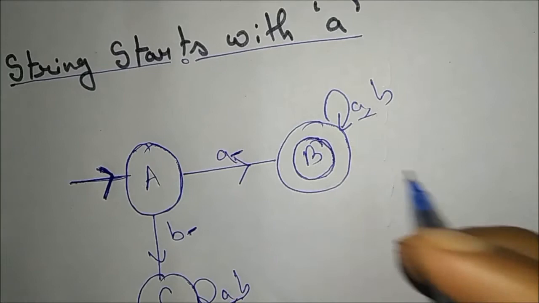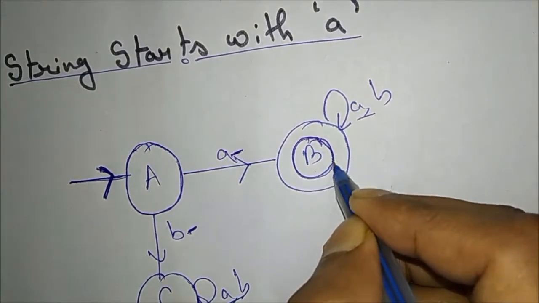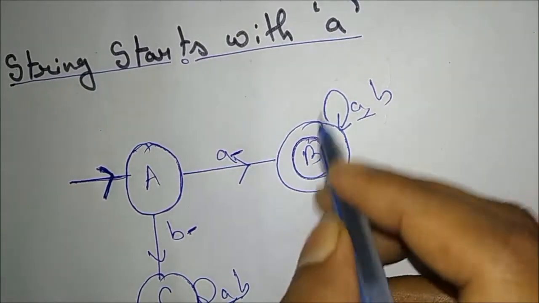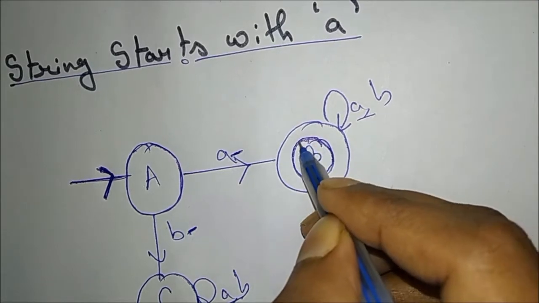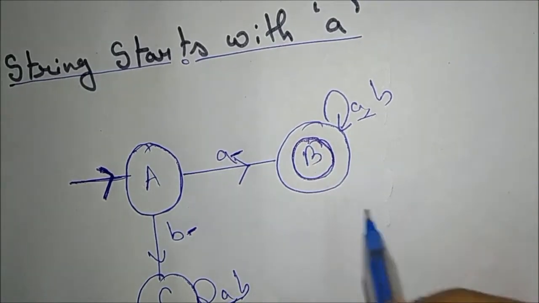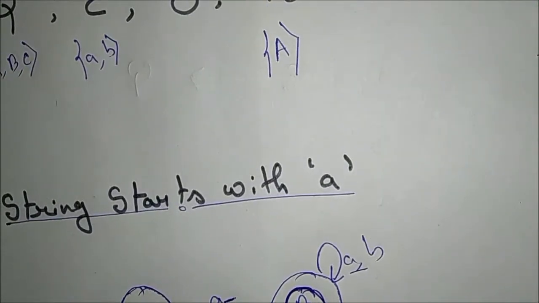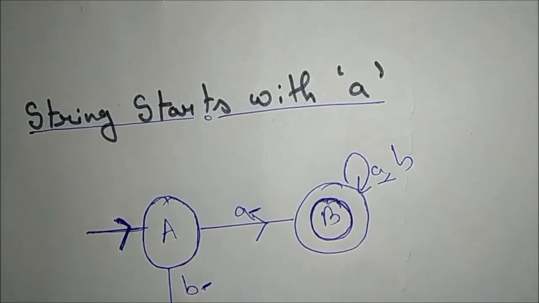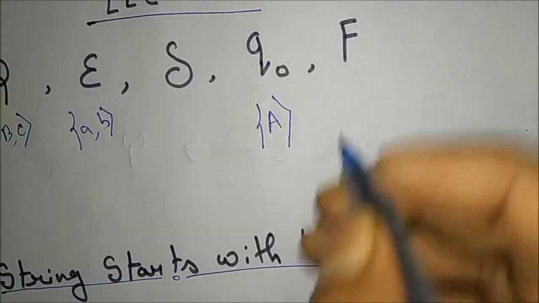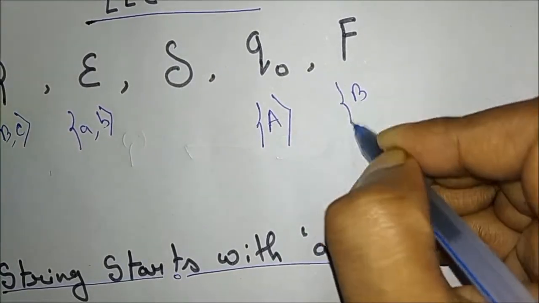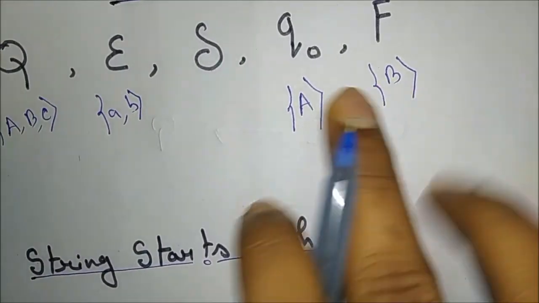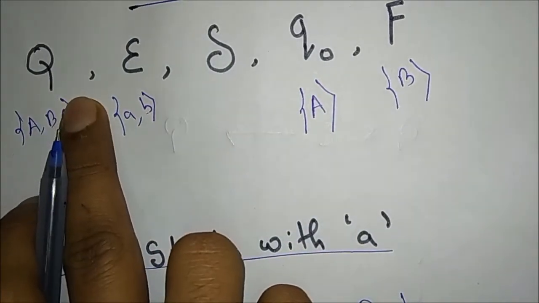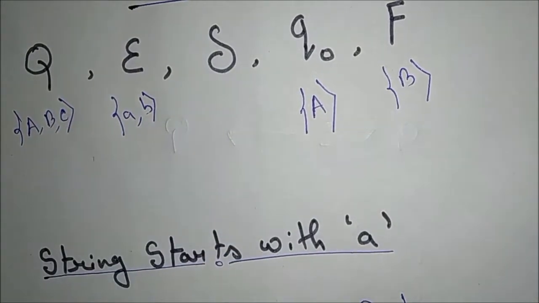F is the final state. If one circle has another circle inside like this, that state is the final state. Final state means every string in the language will be accepted by this state. So here B is the final state. F means final state, Q0 means initial state, Q means set of states, and this is the input alphabet.